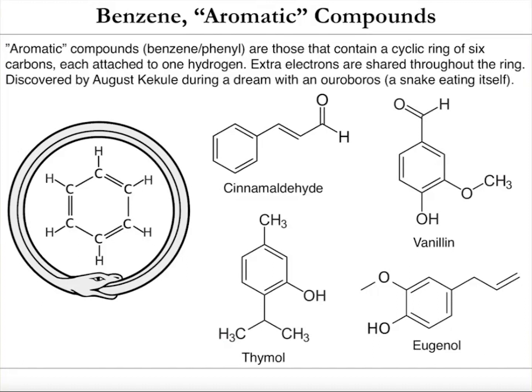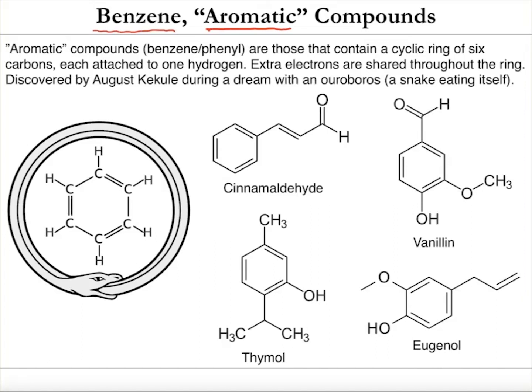Now, there's one more way that carbons, or hydrocarbons, interact with each other to form molecules that we haven't really touched on, but I have shown you some examples of. This is the form of benzene, which are also called aromatic compounds, with phenyl groups as well.